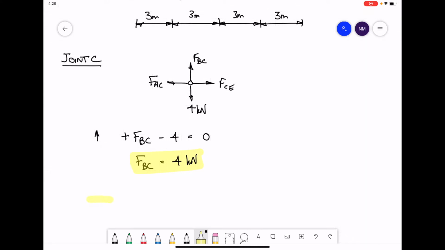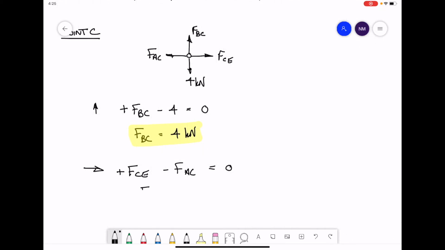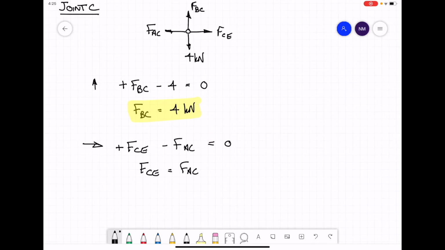Now doing the horizontal resolve, force CE, positive to the right, minus force AC, negative going to the left. They must add up to give you 0 for equilibrium. Force CE equals force AC. Force AC we have previously worked out, and it was a positive 10.83 kilonewtons.